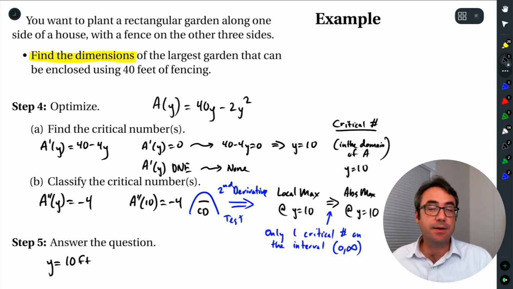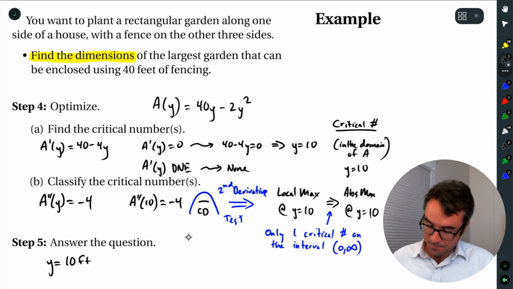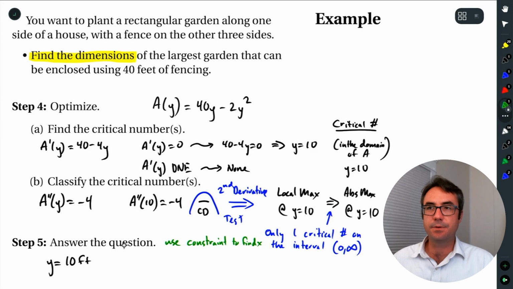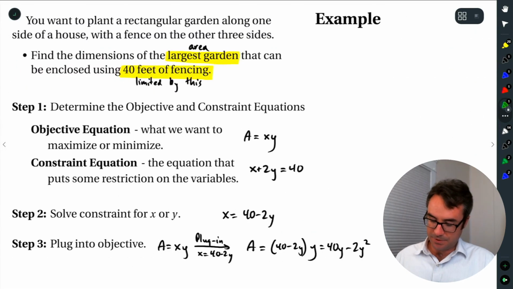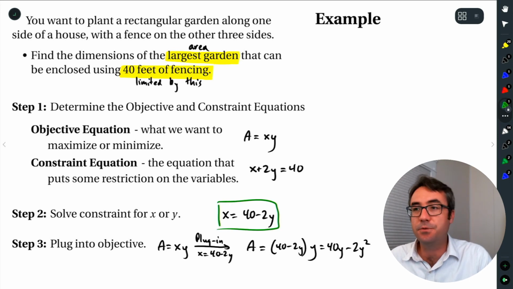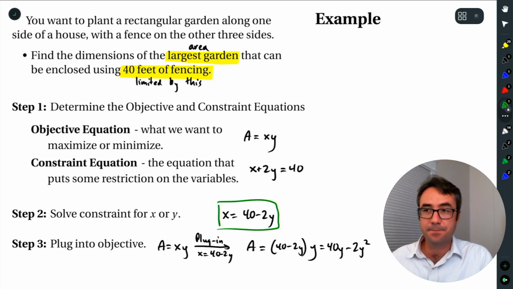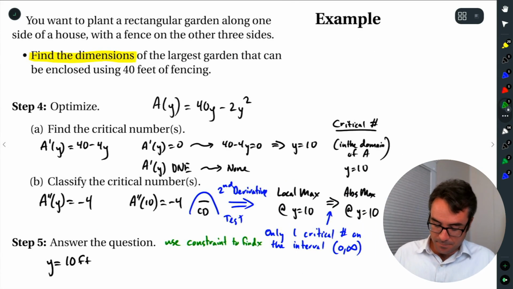And we can use our constraint then to figure out x. So what was our constraint equation? I forgot. What was it? This one right here. Actually, we already solved for it. Let's go here. x is equal to 40 minus 2y. So let's use that version.